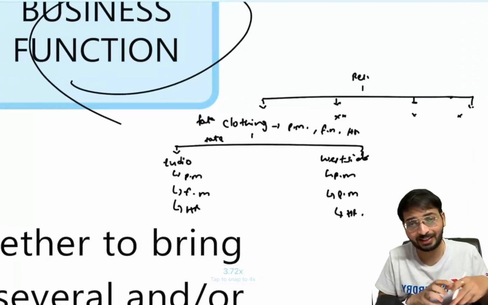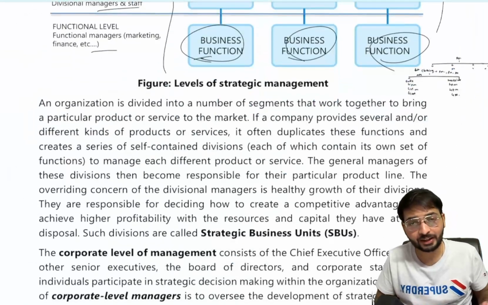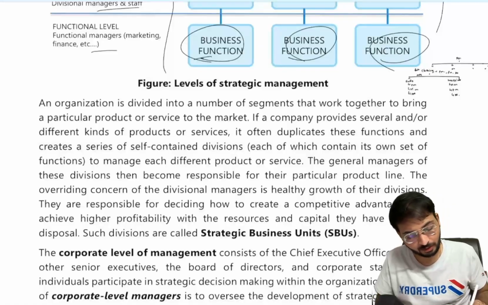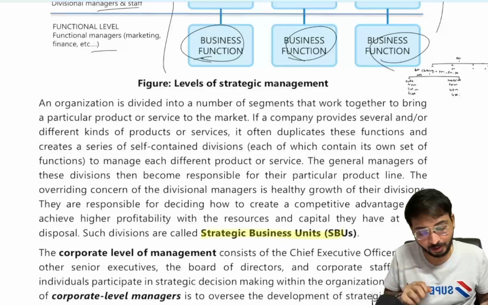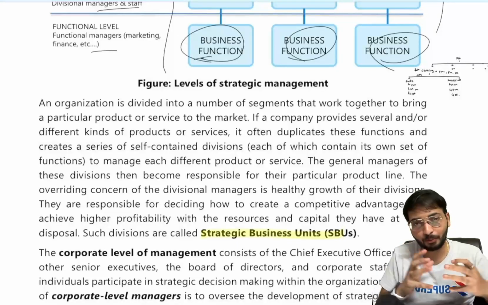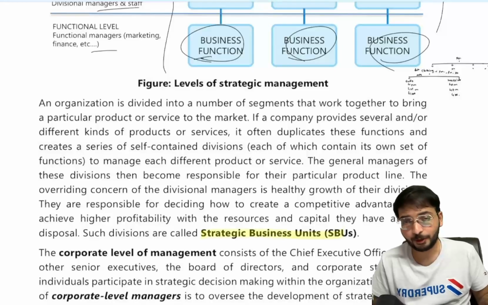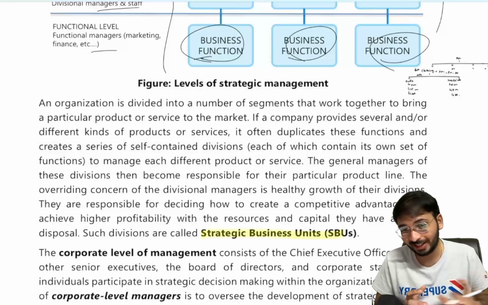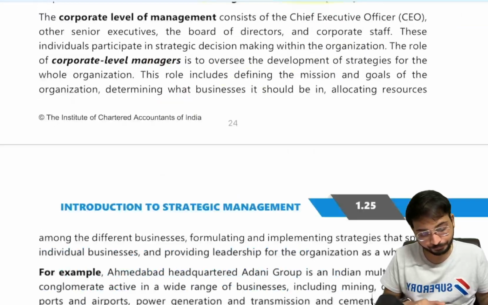So clubbing of similar businesses together is called a strategic business unit. This will be explained in detail in chapter number 5. But for now, remember a group of similar companies merging together under the same branch is called a strategic business unit. Why do they do it? To save resources and get more profitability for a company.